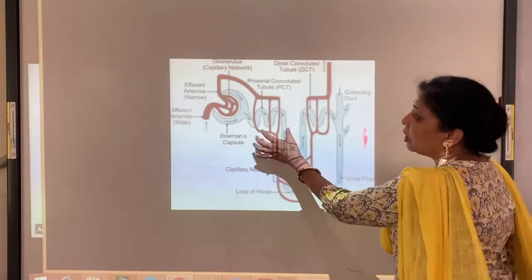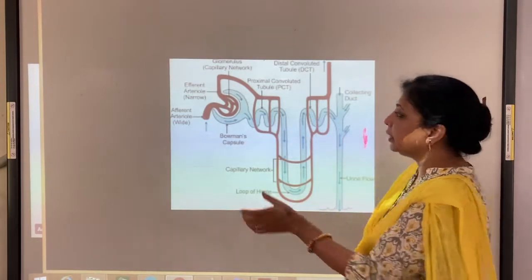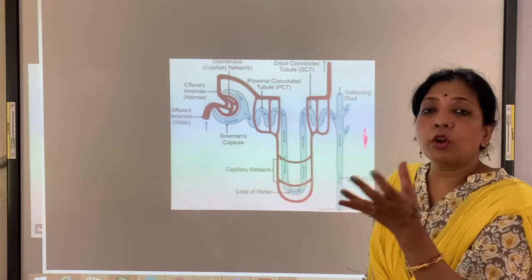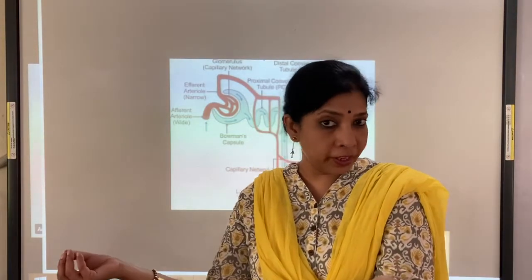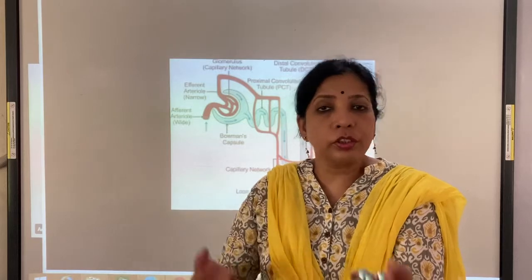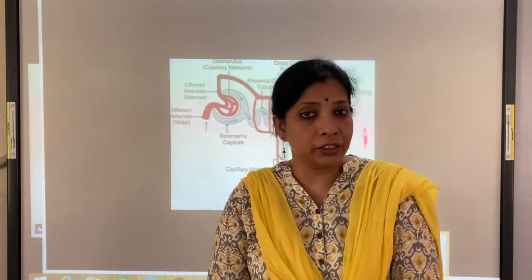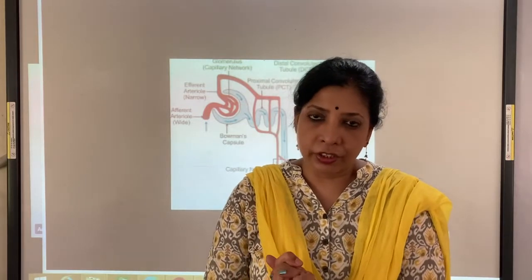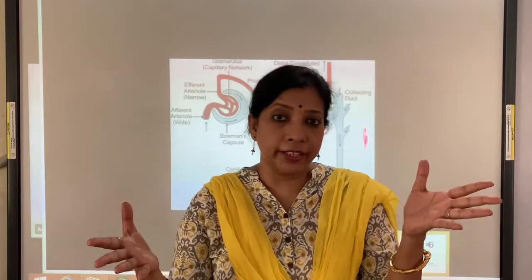So here it is selective reabsorption of what? Of amino acids, very important for making protein, and glucose for carbohydrate. Of course, oxidation of glucose results in ATP energy, so definitely we want it back. We don't want it to get wasted.